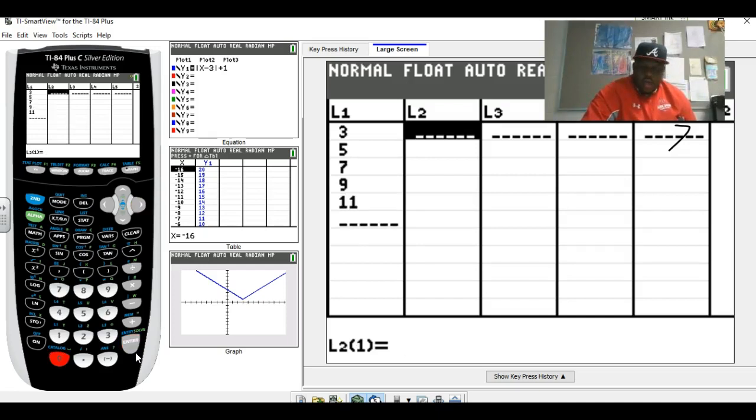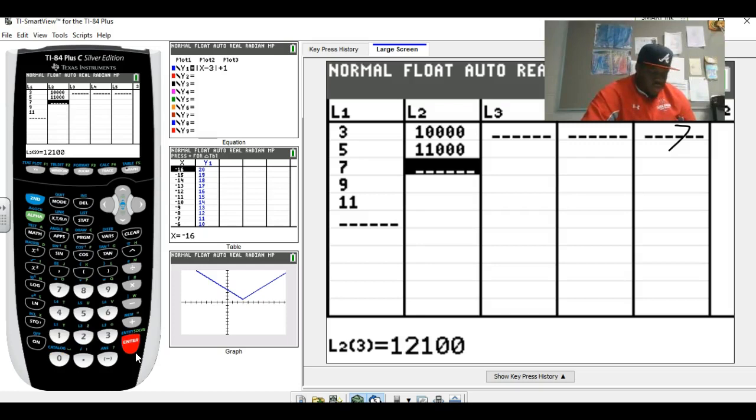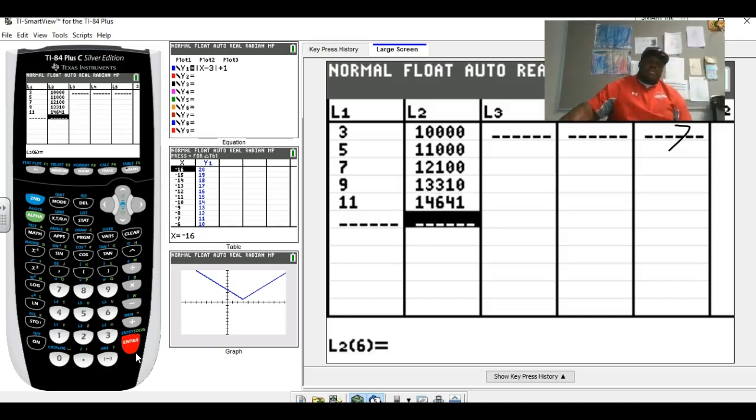And for list 2, we have 10,000, 11,000, 12,100, 13,310, 14,641. All right. So those are the elements we're going to put in our set.